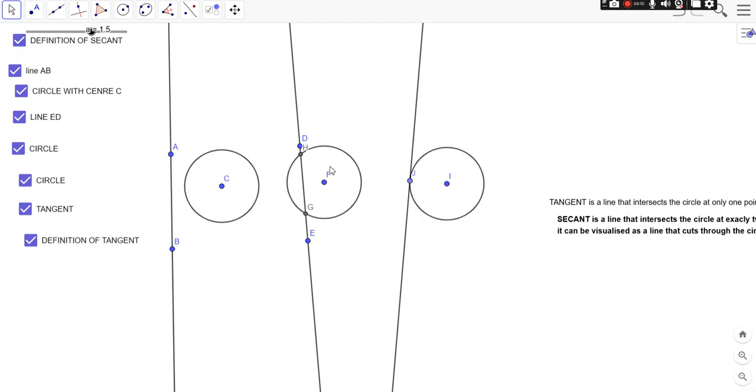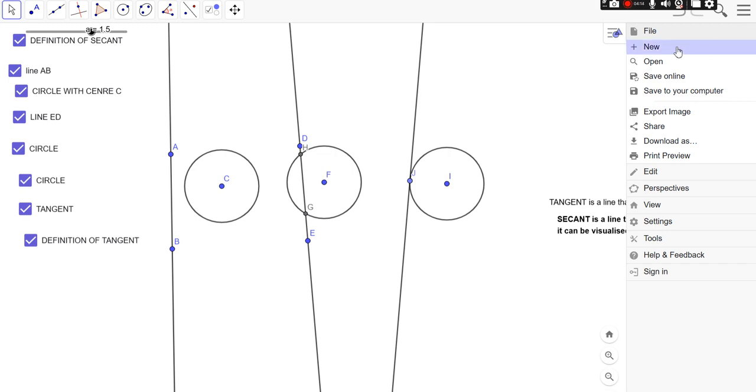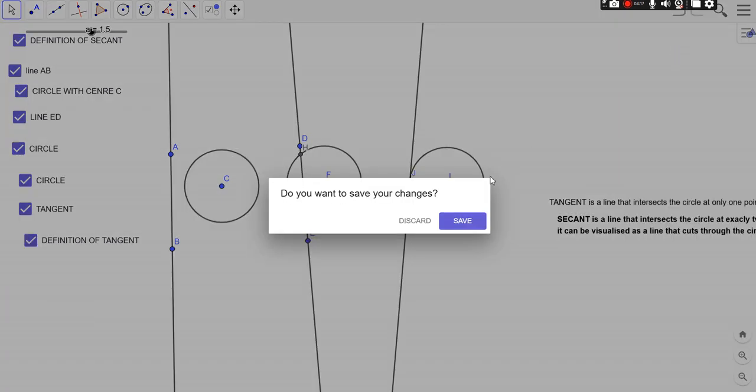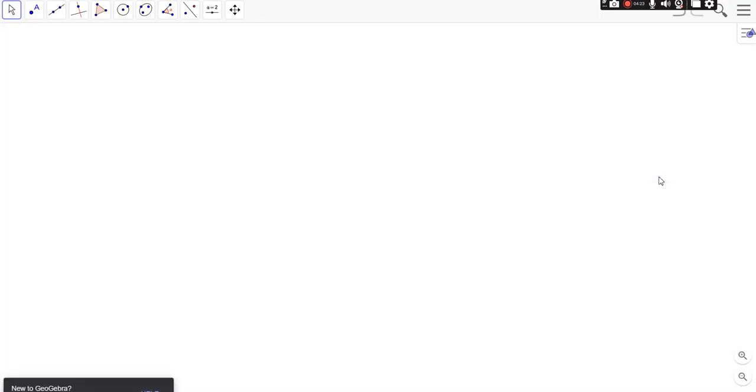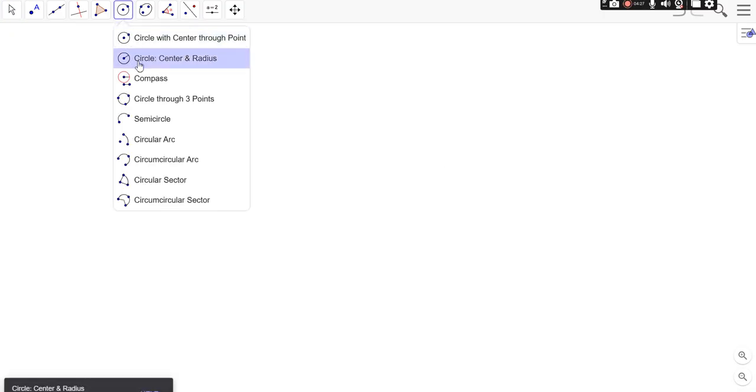Right? So let's learn more about the tangent. Now we'll talk more about the tangent. Right? So what a tangent to a circle means, we have already described.